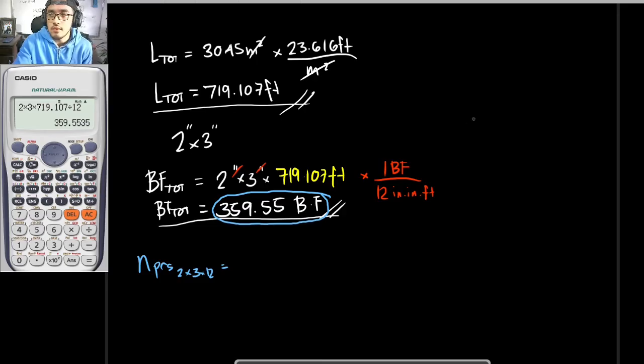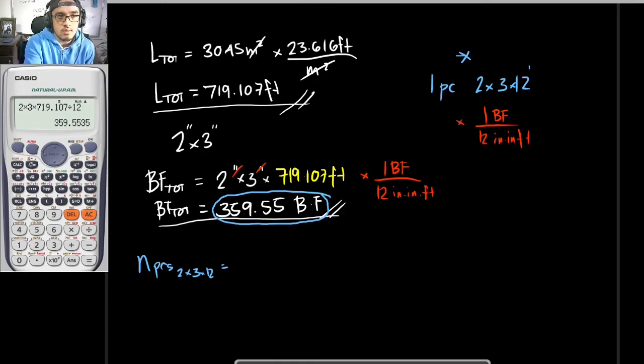So note, if you look at the upper right side of the screen, dito ko na-solve yung board foot niya. For one piece of 2 by 3 by 12, let's multiply it again by our factor, 1 board foot for every 12 inch-feet.